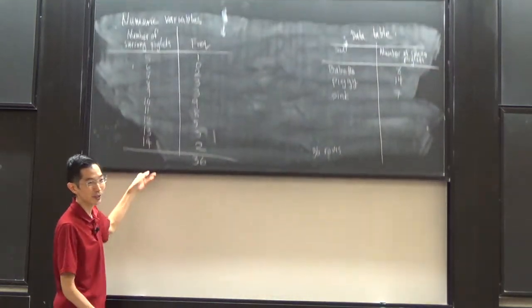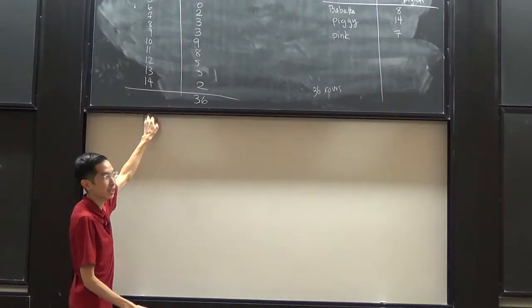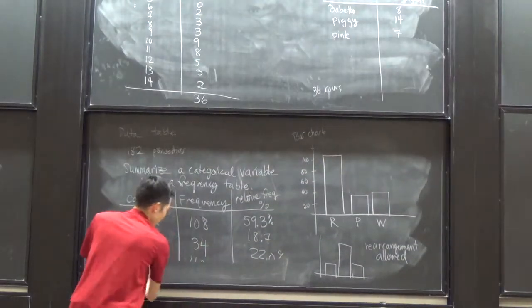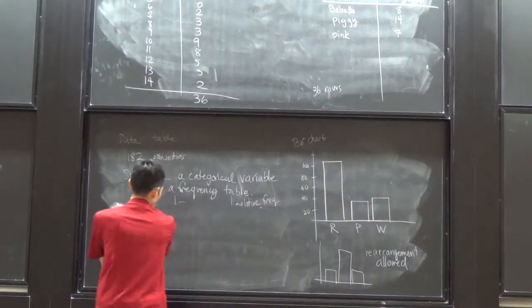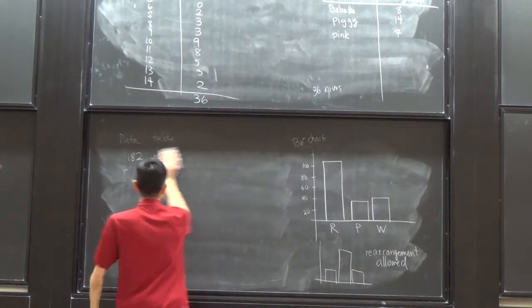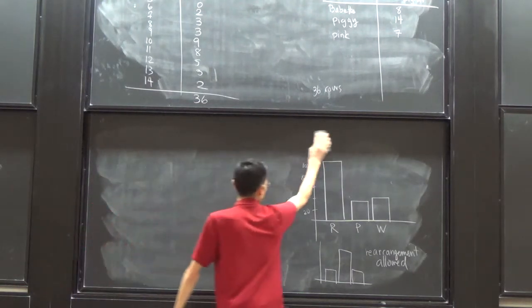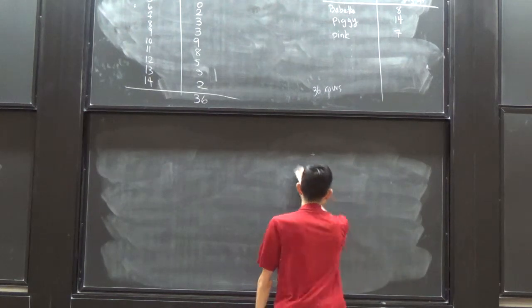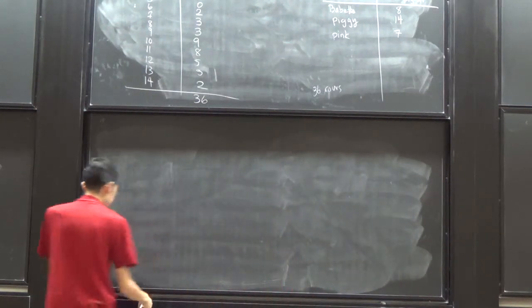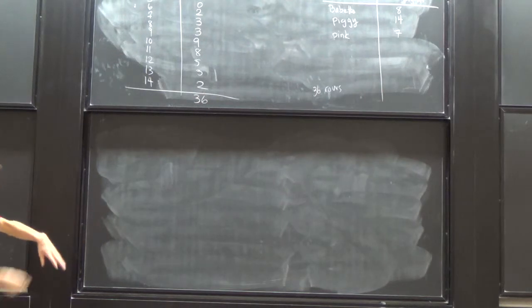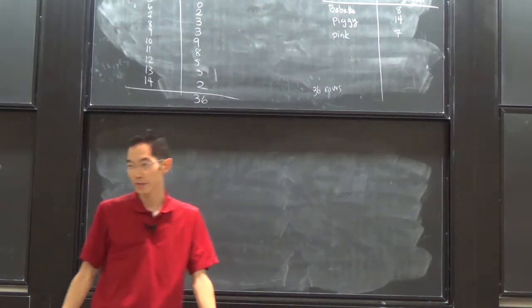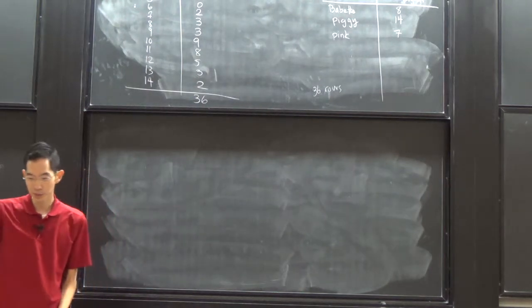I'm going to just do a very small version of the table, and we will make a frequency table. And we'll come back to this in a moment. Okay, so let me just show you how we make a frequency table from raw numeric data. Let's do a simple example here.